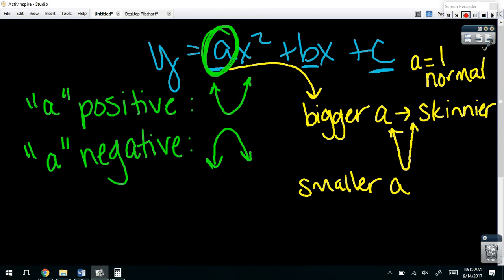So what's smaller than 1 but not negative? 0.1. Decimals and fractions less than 1. Smaller A, fraction.